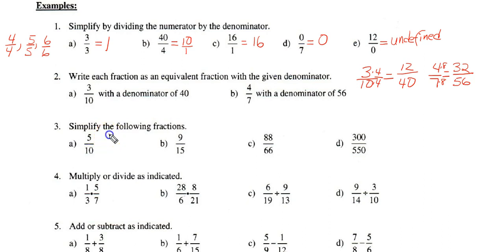Now, this is going to be 5 times 1 over 5 times 2 here. Remember, we can multiply anything by 1, so 5 times 1 is 5, and 5 times 2 is 10.